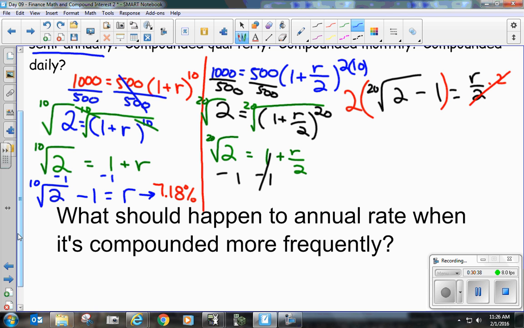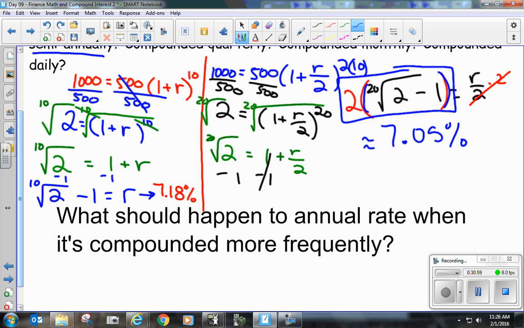What do we got? 7 point what? 0.05%. That's what you get when you put this in the calculator, just like this.